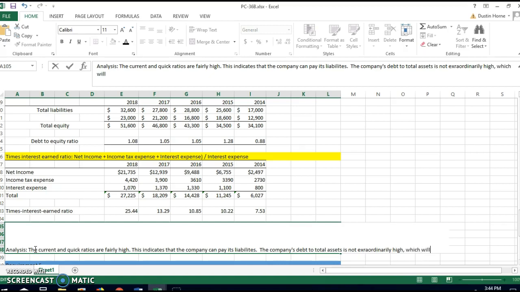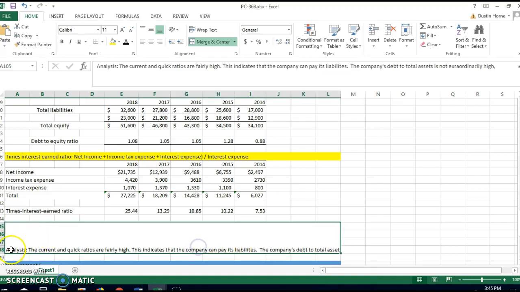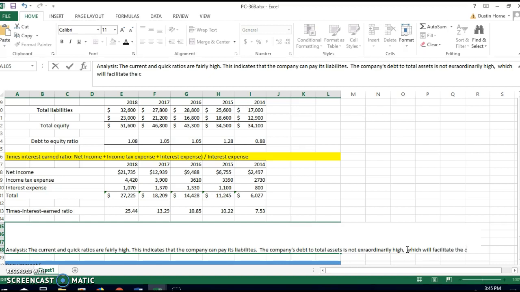Which will facilitate the company making all payments for debts.